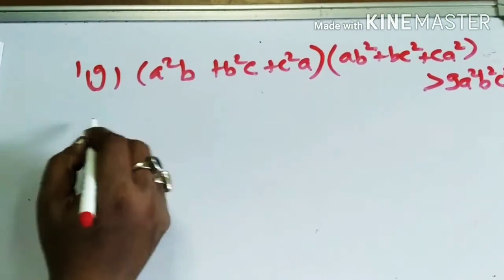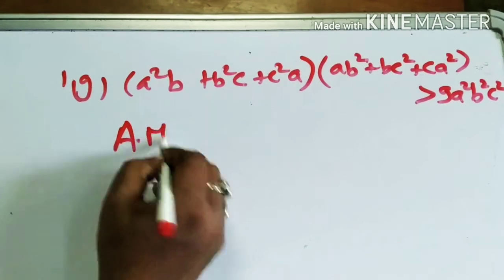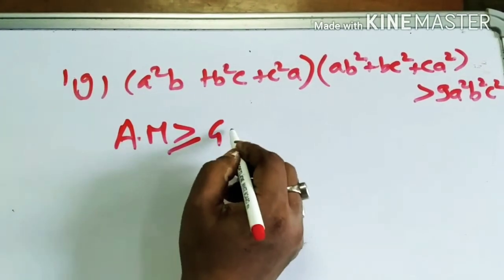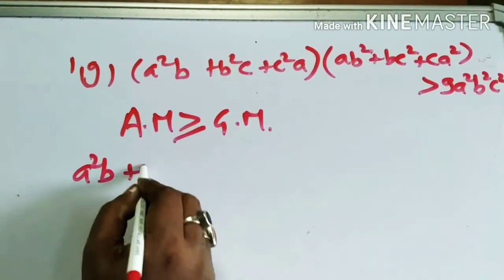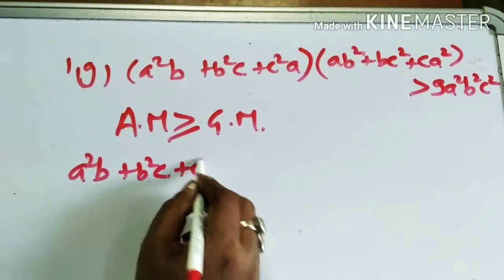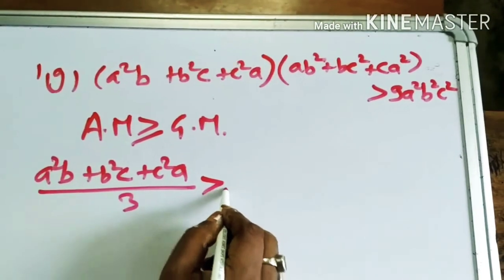So see how I am going to use only this theory: arithmetic mean is greater than geometric mean.